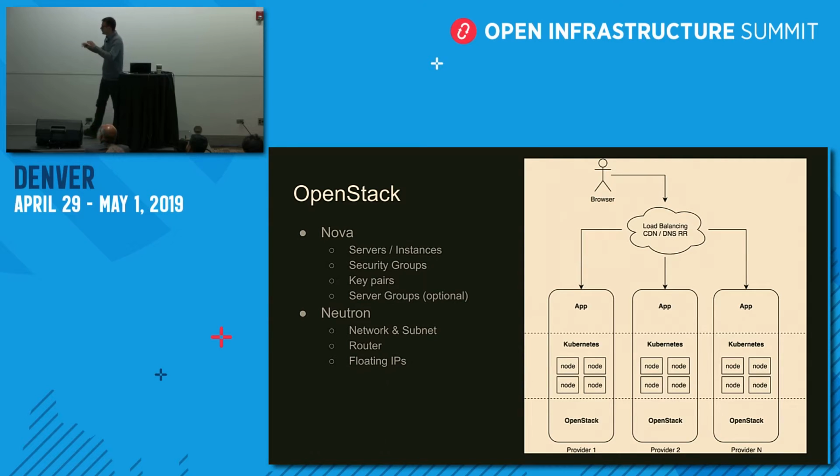All right, so all of that runs on some form of resources, and in this case it will run on OpenStack. And this means that Kubernetes machines will be Nova servers or instances, or Ironic if your cloud provider or your private cloud has that capability. We'll need some form of security group to control firewall rules between our instances.